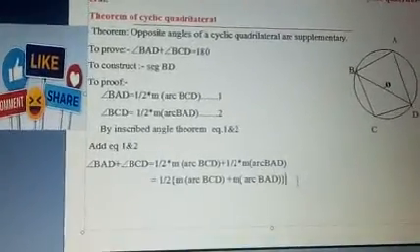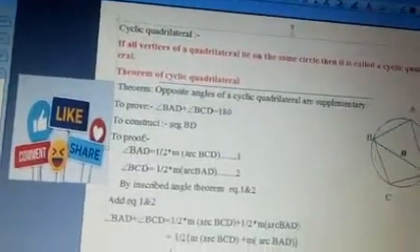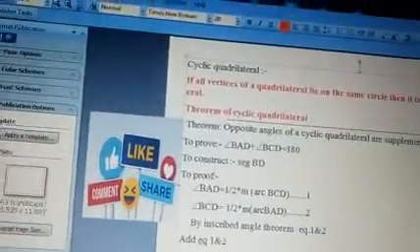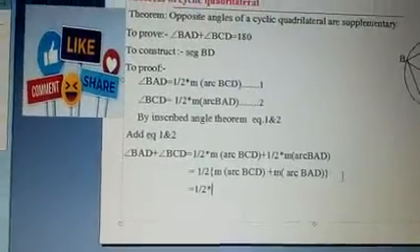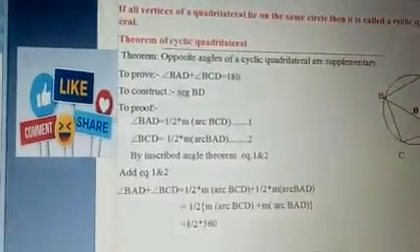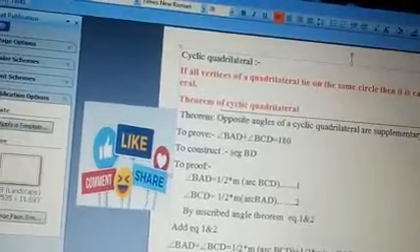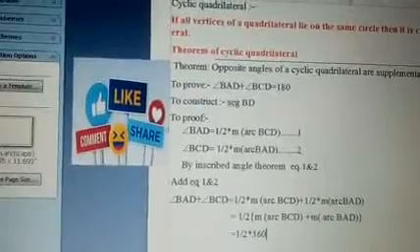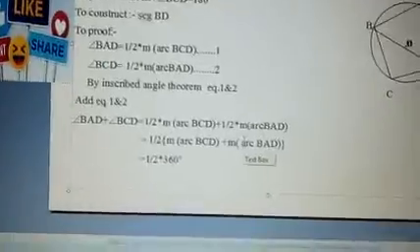Then we can write half into the measurement of the complete circle arc, which is 360 degrees.